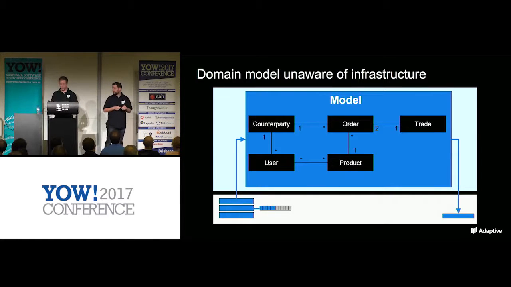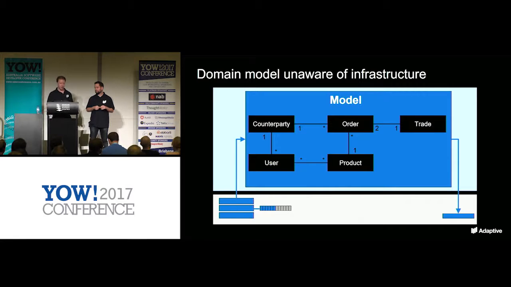The model's not important, but what we can apply now is very practical DDD type principles. We can think about our entities, we can think about the relationships between them. We can think about the appropriate data structures for modeling those relationships, and the performance of those data structures.